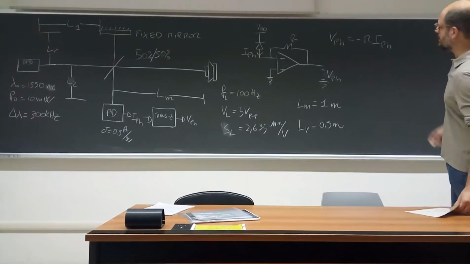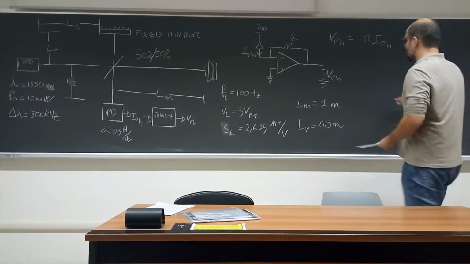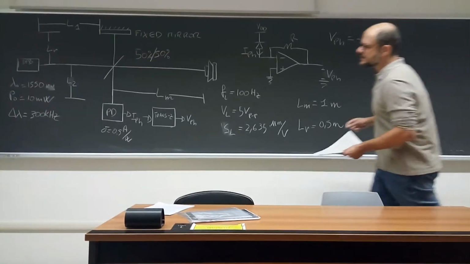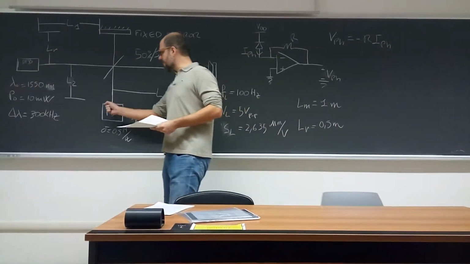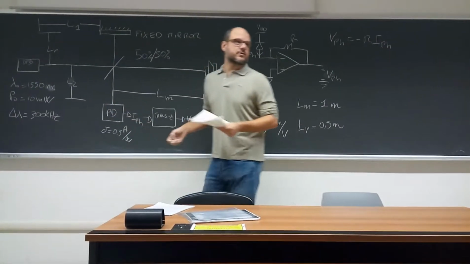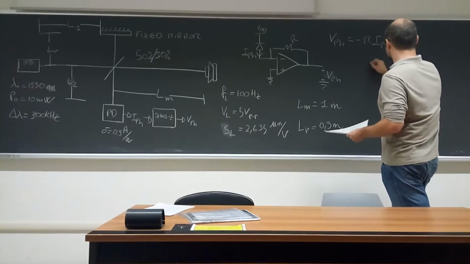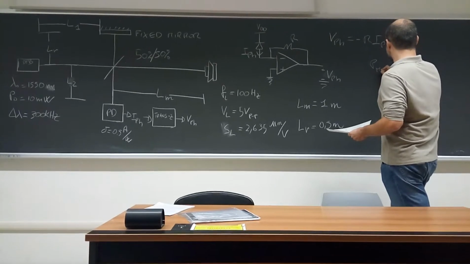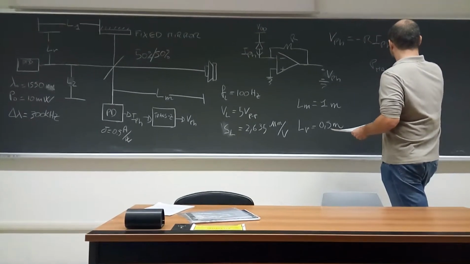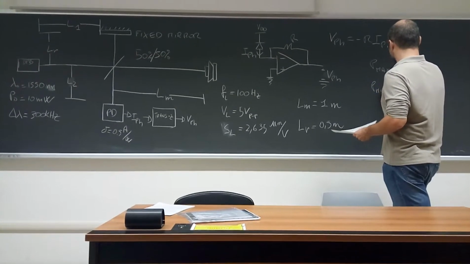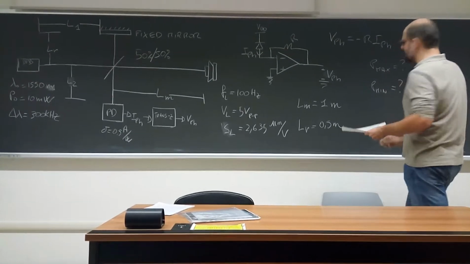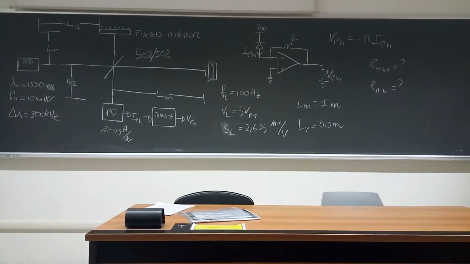Okay, first question of the exercise. You need to evaluate what is the maximum value and the minimum value of power that comes onto the photodiode, P max and P min.